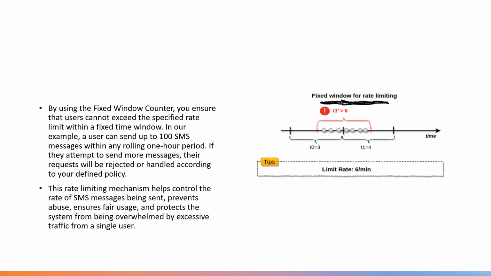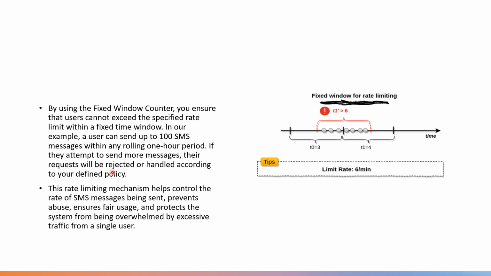By using the fixed window counter, you ensure that users cannot exceed the specified rate limit within a fixed time window. In our example, a user can send up to 100 SMS messages within a rolling 1 hour period.